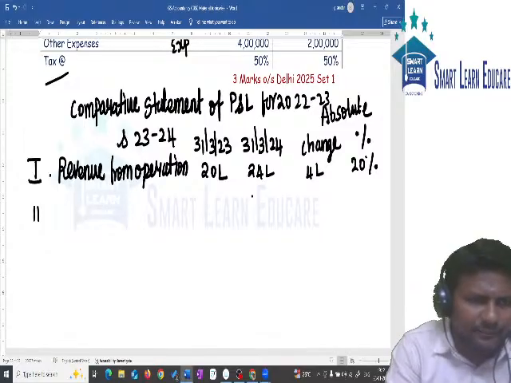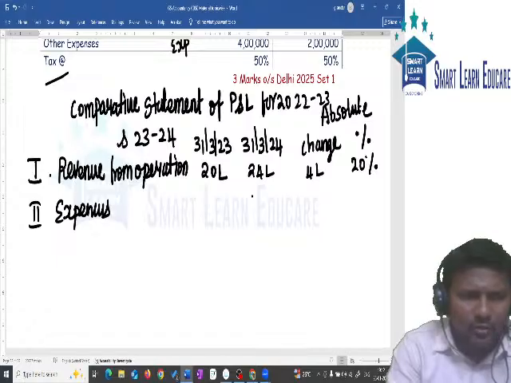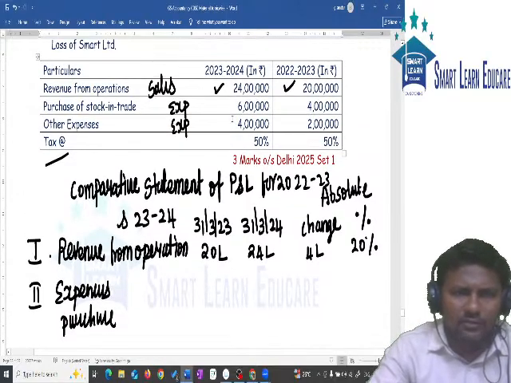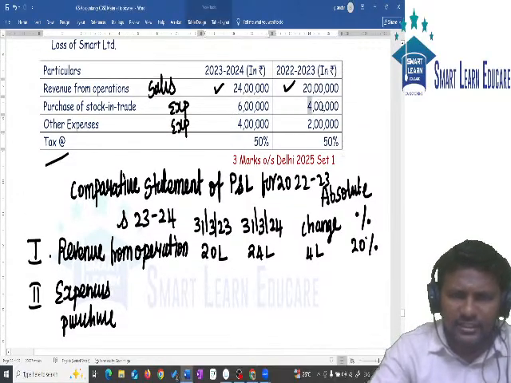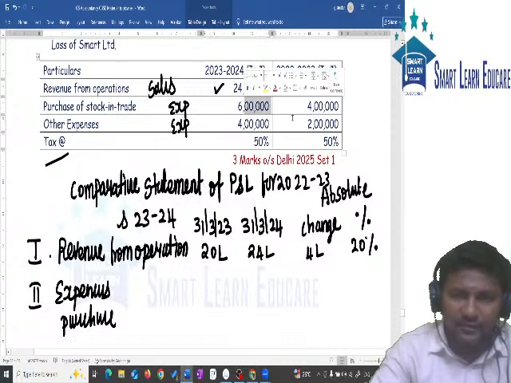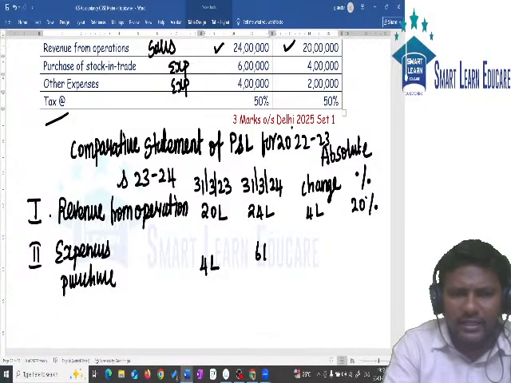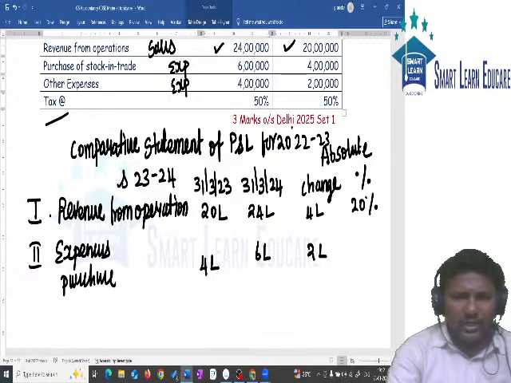Next, the major heading is expenses. What are the expenses we have? First expense is purchase. First year 4 lakh, second year 6 lakh. How much increase? 2 lakh, which we express in terms of percentage: 2 lakh out of 4 lakh into 100 gives 50 percentage.